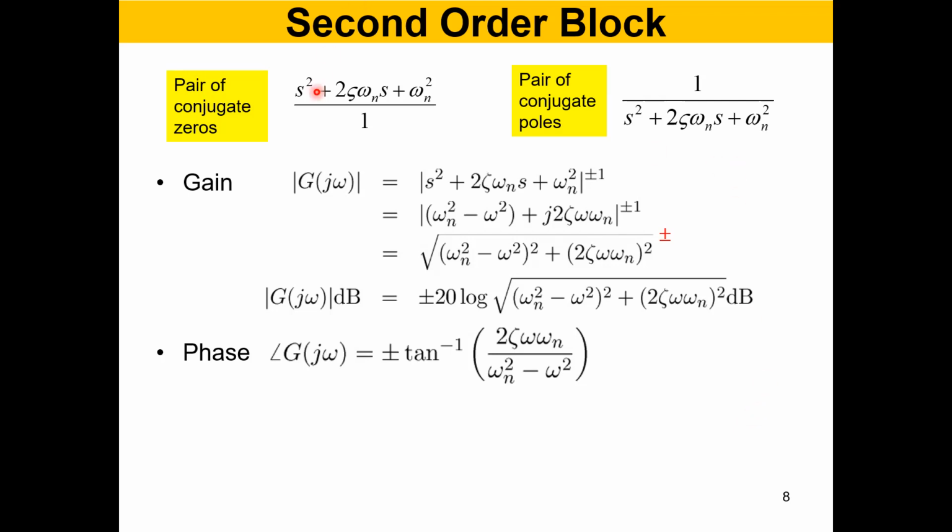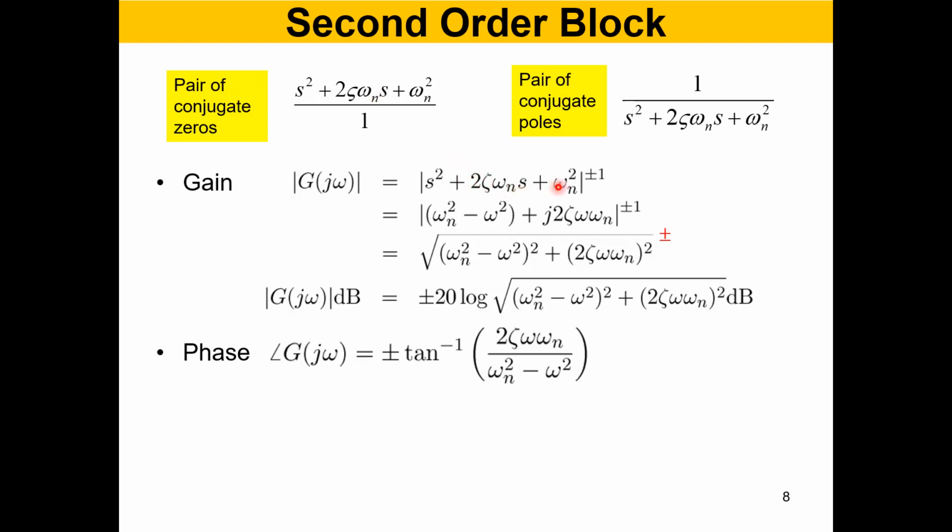So this is how we write a pair of conjugate zeros, right? And this is how we write a conjugate pair of poles. Now these are all complex expressions, right? With the numerator, denominator. You know how to write gain, right? Gain is the square root of the real part squared plus imaginary part squared.